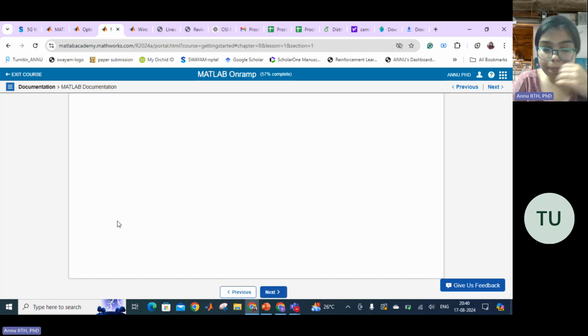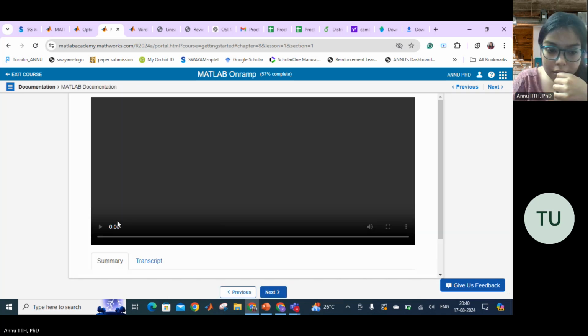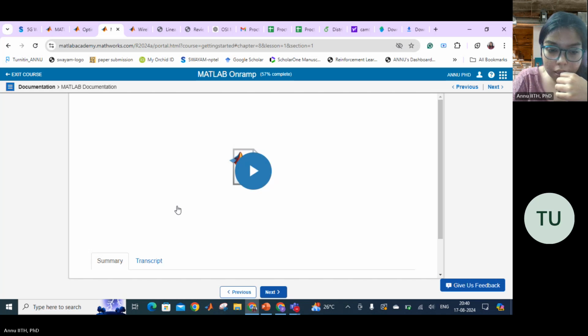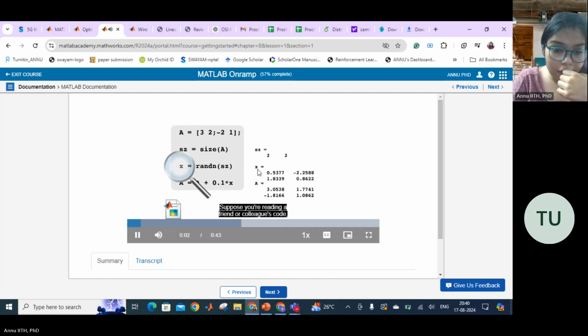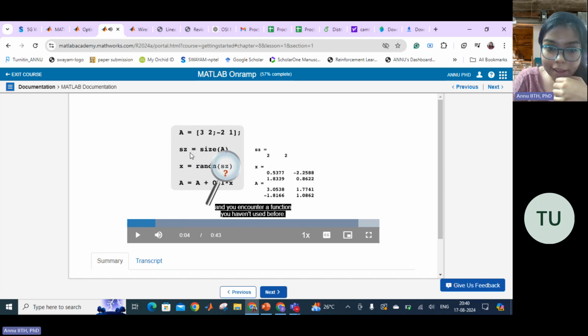Let's go to the next section. So it is showing something. So if you want to have a size, random means it will have the array, matrices from 0 to 1.